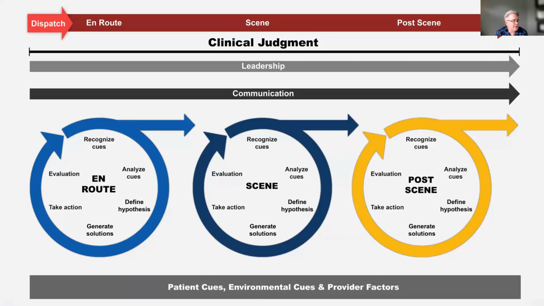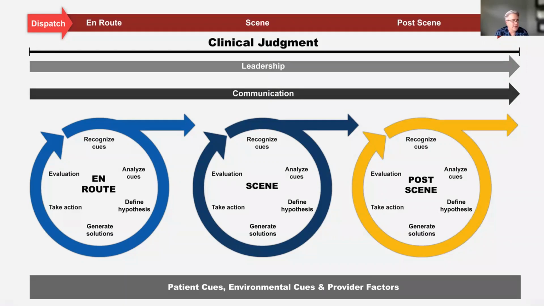If you drop down to the midsection here with the circles, you'll note that each circle has 6 steps, and these are actually the steps in clinical judgment. The first one is we recognize cues, we analyze cues, we develop a hypothesis, we generate some solutions, we take an action, and if we're a really good clinician, we reevaluate and adjust our therapy based on that reevaluation.